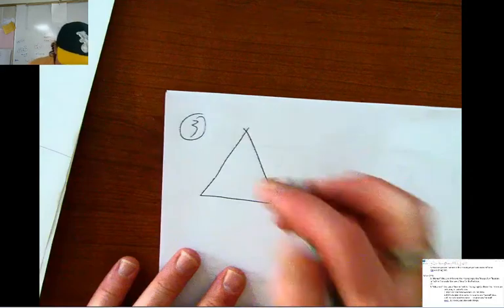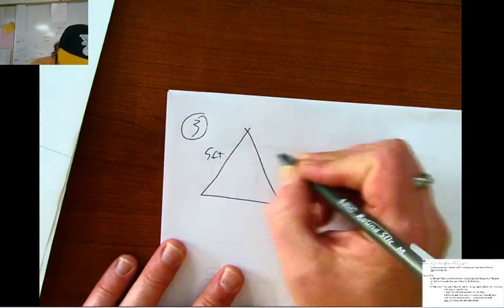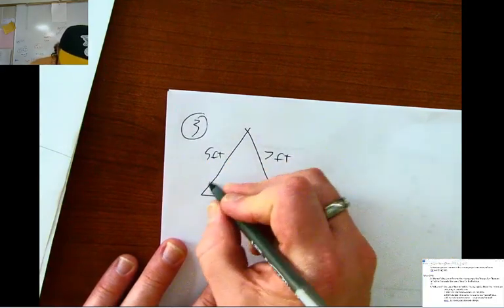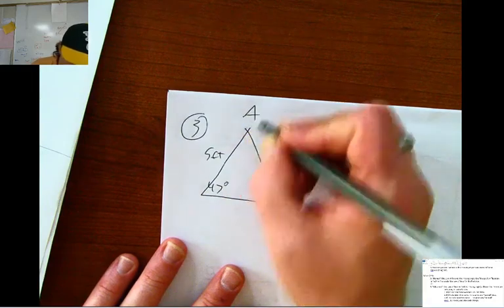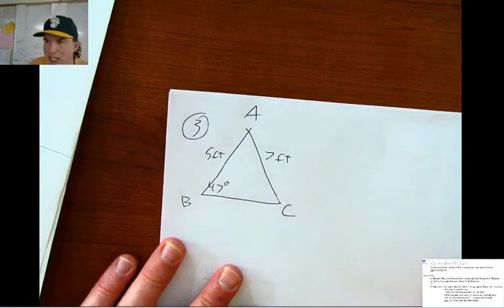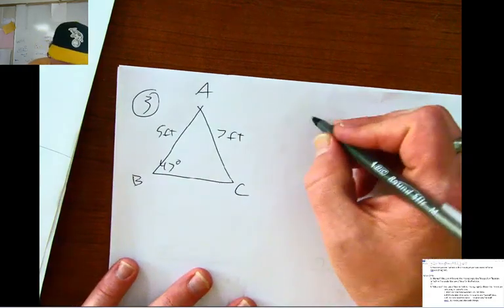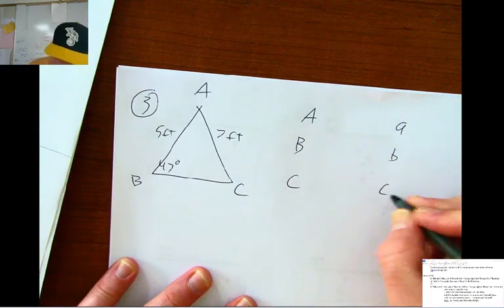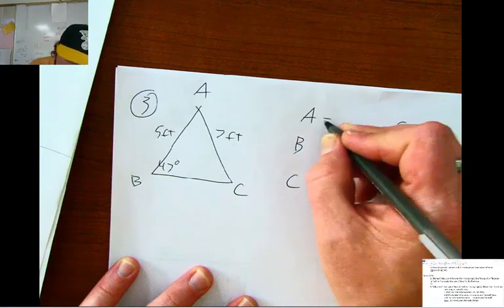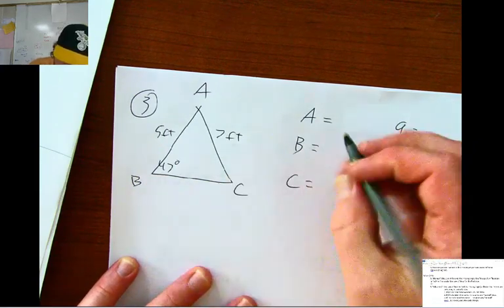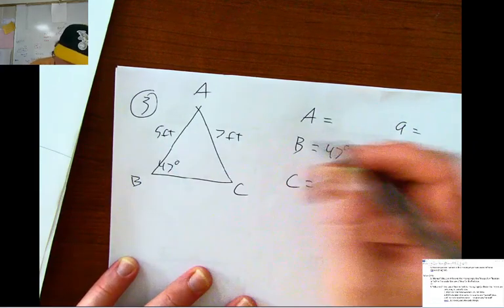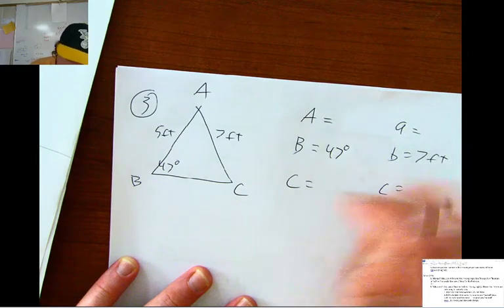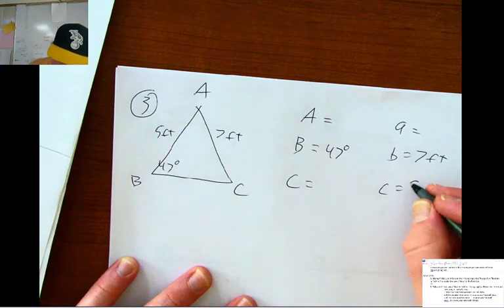Let's say that I have 5 feet here, 7 feet here, and 47 degrees here, and I'll call it triangle ABC. Angle B is 47 degrees. Side B, 7 feet. Side C, 5 feet.